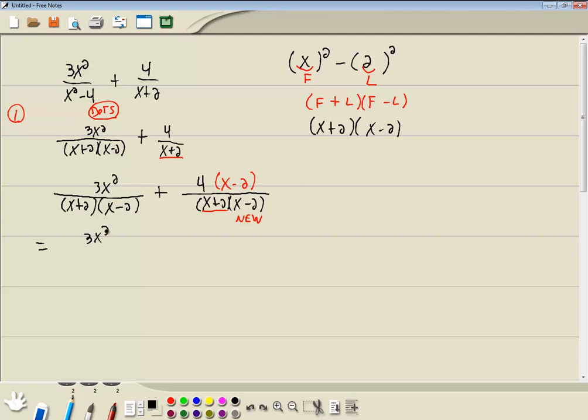Which is going to give us 3x squared over x plus 2, x minus 2, plus 4 times x is 4x, 4 times negative 2 is negative 8 over our denominator. Now we never get rid of the parentheses down below because we're hoping they'll cancel at the end.